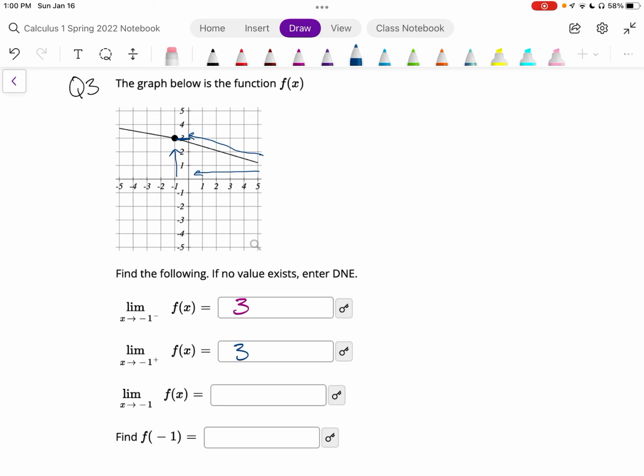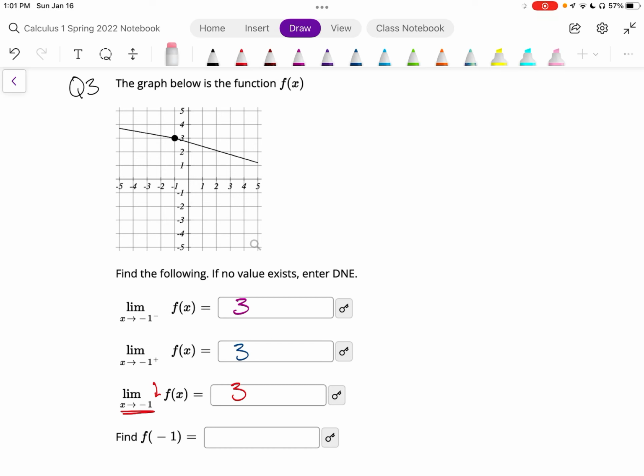So now since both of those are the same, we get to say, all right, well, that means the limit as x approaches -1. Notice there is no superscript right there. It just is the limit. Because coming from the left and coming from the right are both 3, we get to say that the limit is 3. So now we're going to find f of -1.